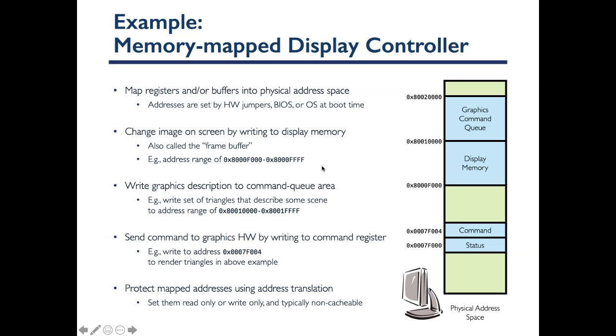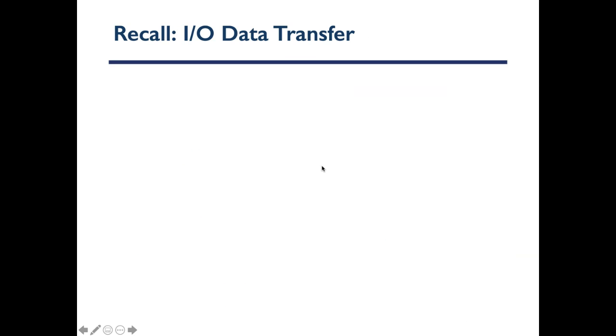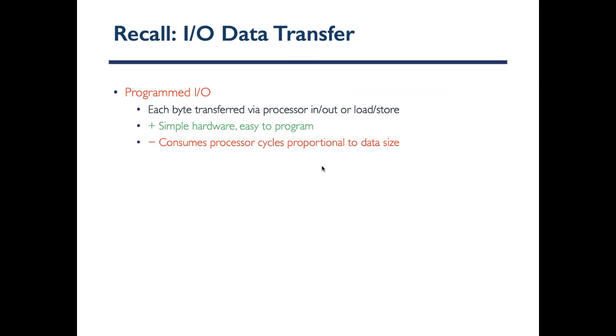So, this is a recall. Now that we know how to communicate with the devices, where the memory mapping happens, how can we transfer data between the processor and the devices?